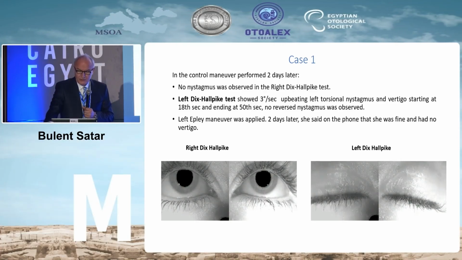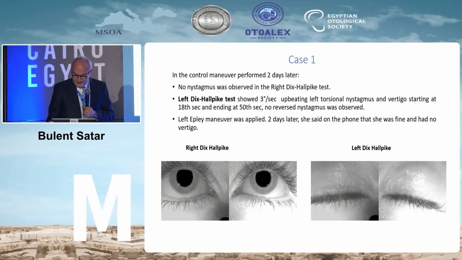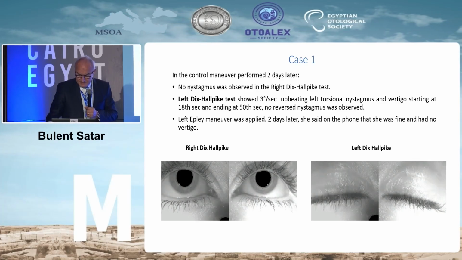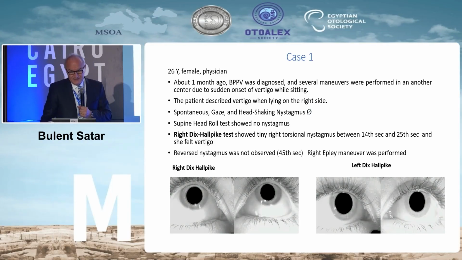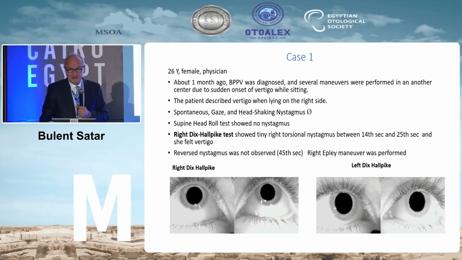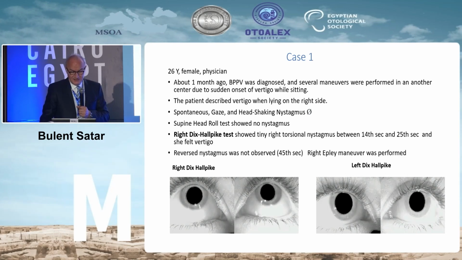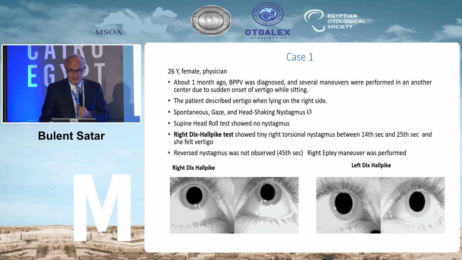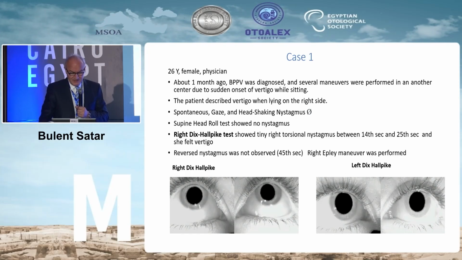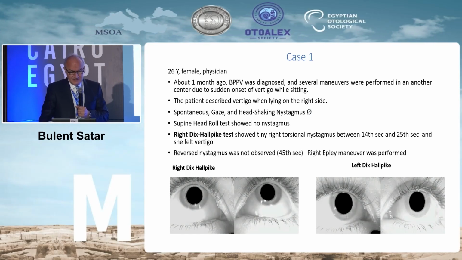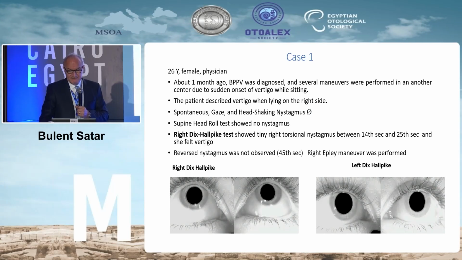I will go through some of our cases. This patient was a 26-year-old female. She was a physician. She had a BPPV history in the past, and several maneuvers were applied. Then she still described vertigo.